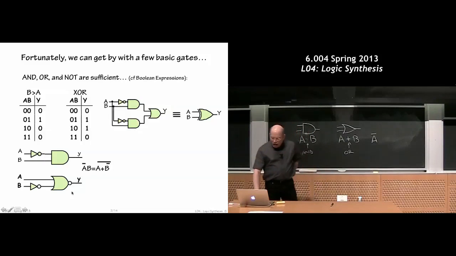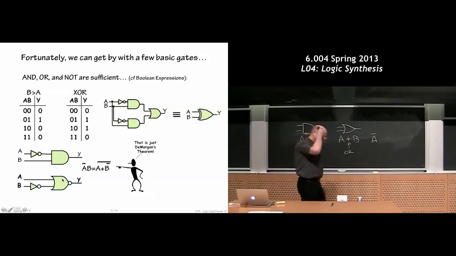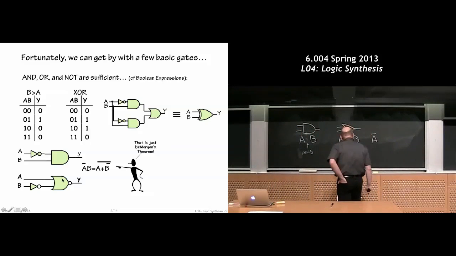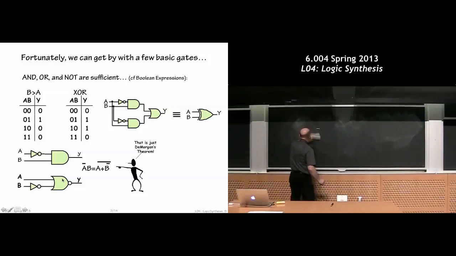There is a logic expression here, this equivalence, which allows me to rewrite the top equation as the bottom one. What we're going to use is a theorem in Boolean logic called De Morgan's theorem. De Morgan's theorem is something that's worth knowing, particularly if you're stuck with a logic family which is naturally inverting.